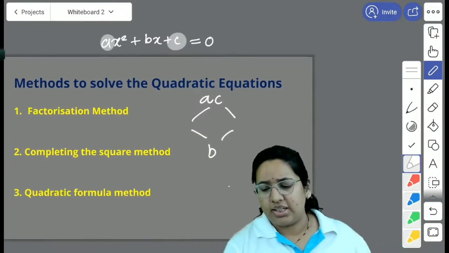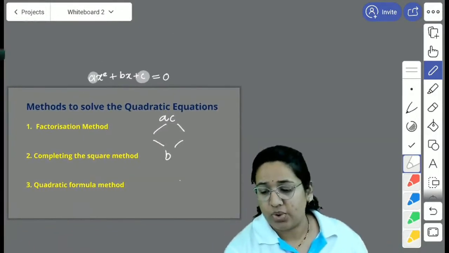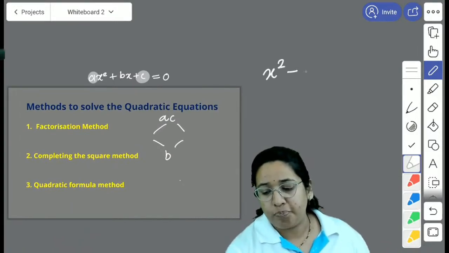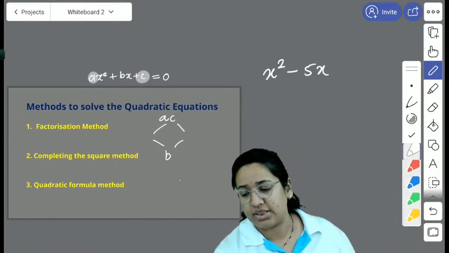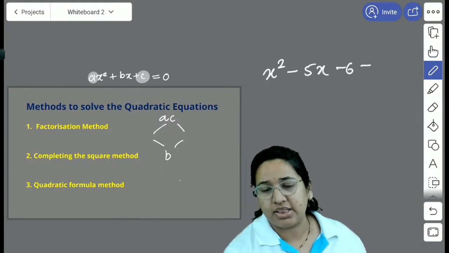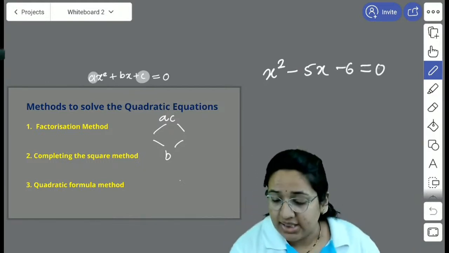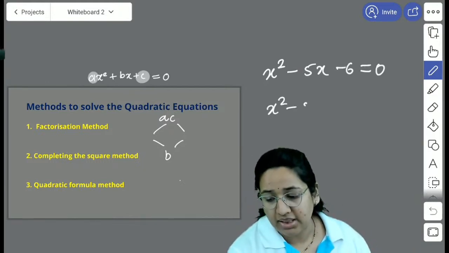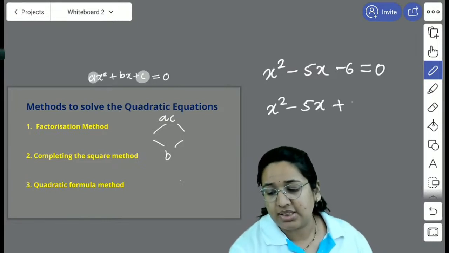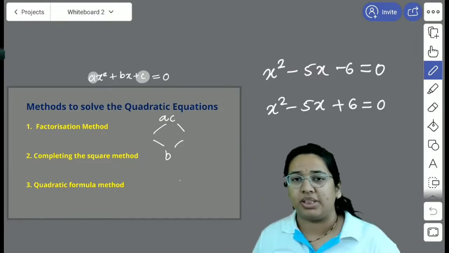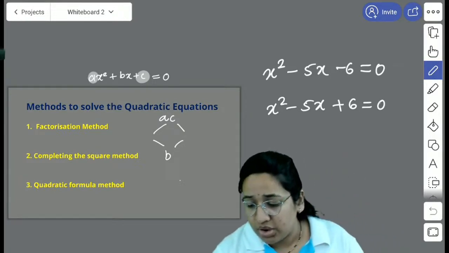Suppose we have a quadratic equation x square minus 5x minus 6 equals to 0, or x square minus 5x plus 6 equals to 0. Something like this. So what do we have to check here?